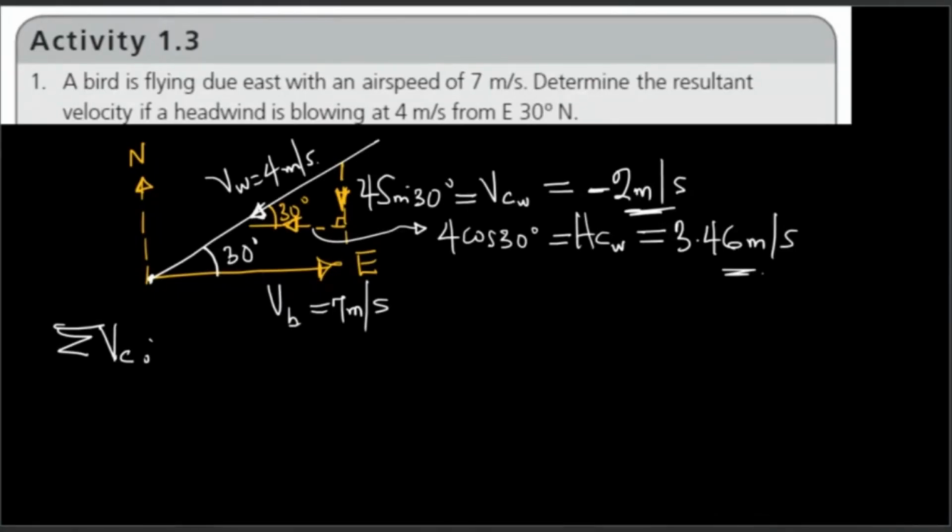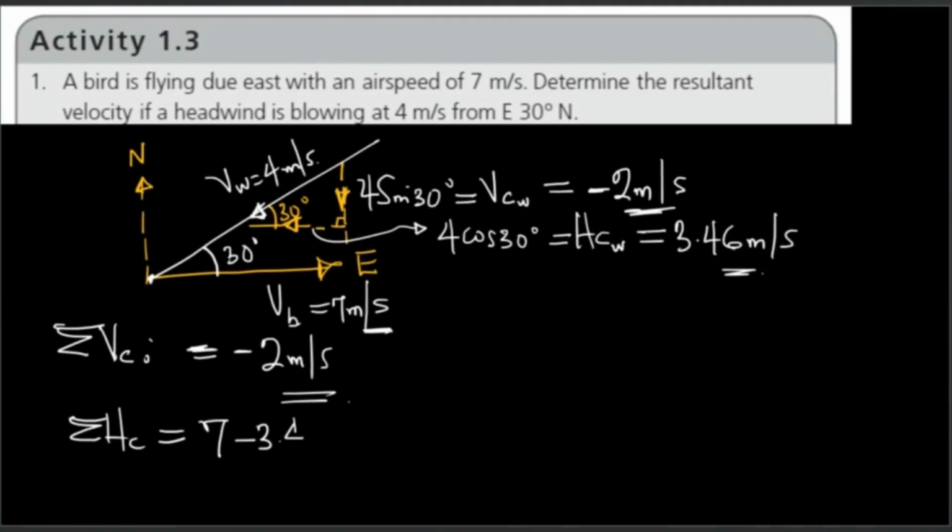For the horizontal component, the 7 is pointing towards this direction, the 7 meters per second, and then we have an arrow pointing towards the other direction. So it's going to be 7 minus 3.46 meters per second, which gives us 3.54.